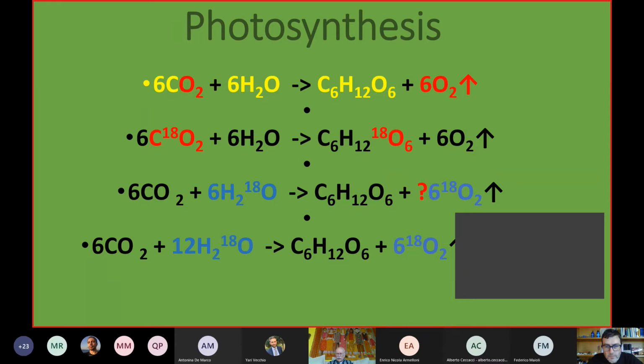So the real, updated formula of photosynthesis is written at the bottom line. We take 6 molecules of CO2, 12 molecules of water, and we have the oxygen and 6 new molecules of water.